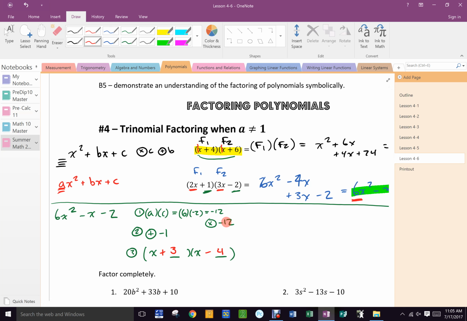That division. And what do you think I need to divide by? Logically, what should I divide by? What did I multiply by? 6. So what should I divide by? 6. So I'm going to divide both of them by 6.